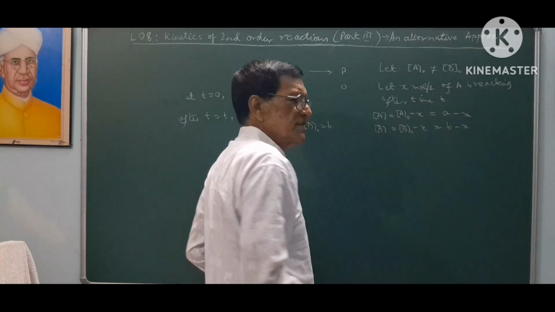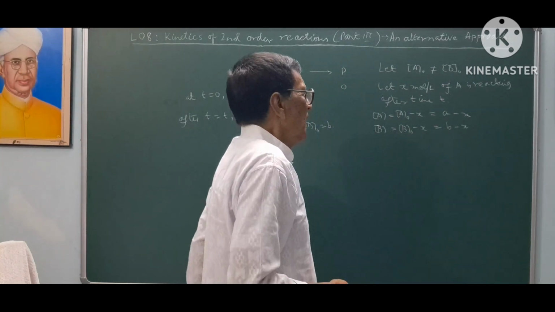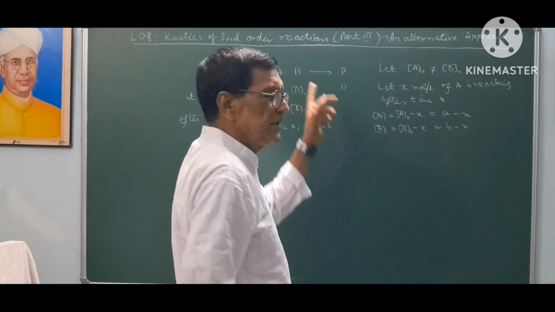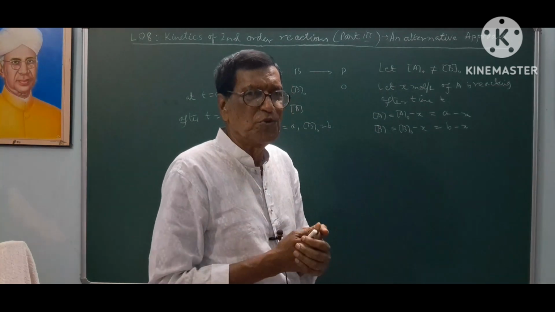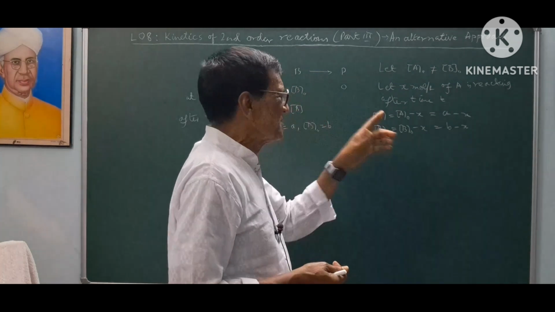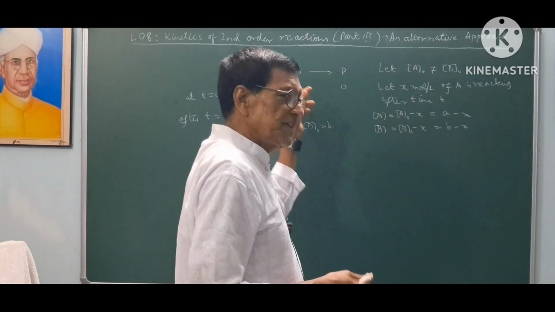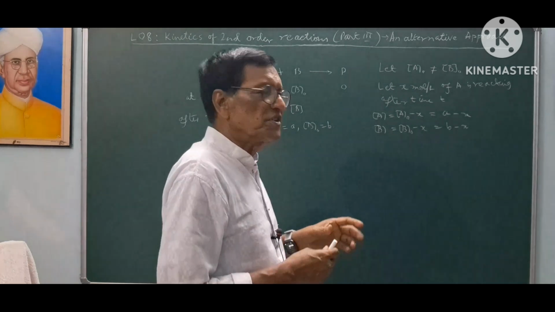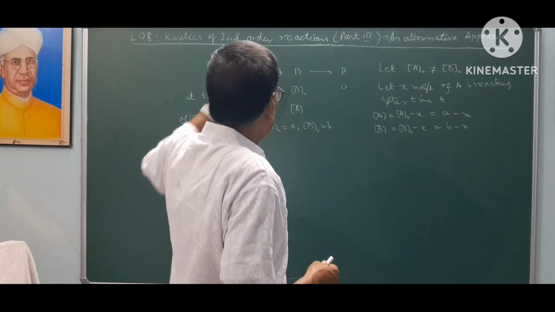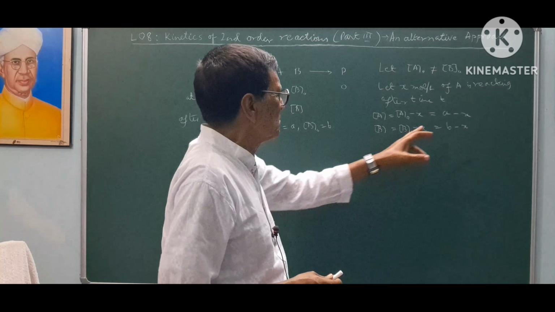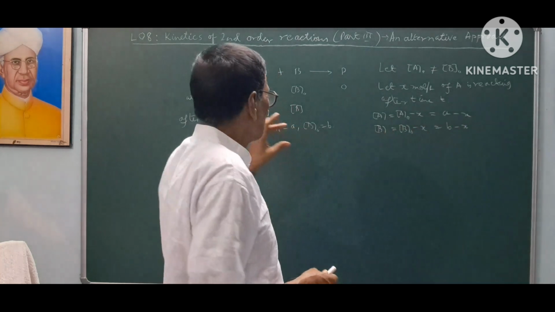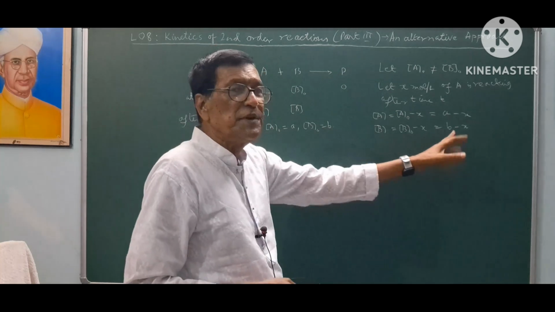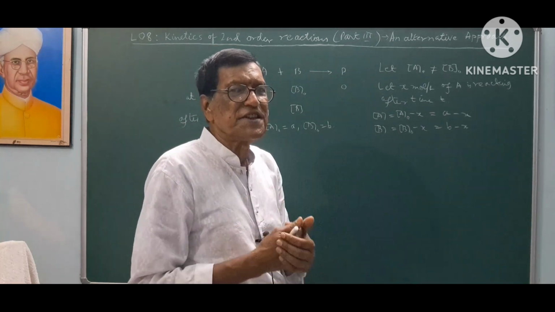These are simple to write. Since A and B react in a 1:1 mole ratio, x mole of A reacts with x mole of B to give the product. So the concentration of A remaining after time t will be A minus x, and the concentration of B after time t will be B minus x, remaining in the reaction vessel.